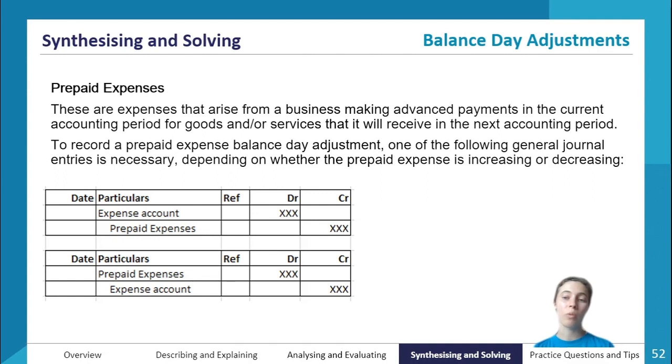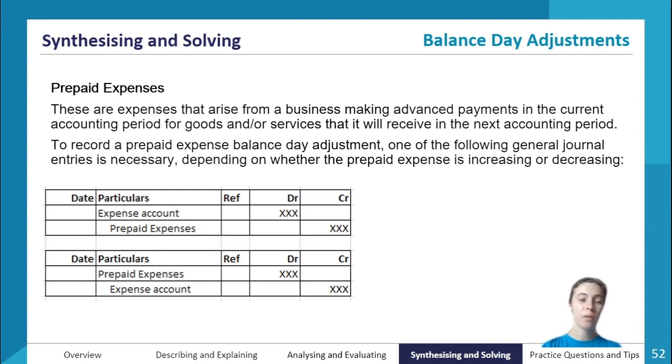So they will pay in the current accounting period, but they won't get the goods or the services that they're paying for until the next accounting period. To record a prepaid expense, one of the following general journal entries would be necessary, and it depends on whether the prepaid expense is increasing or decreasing.